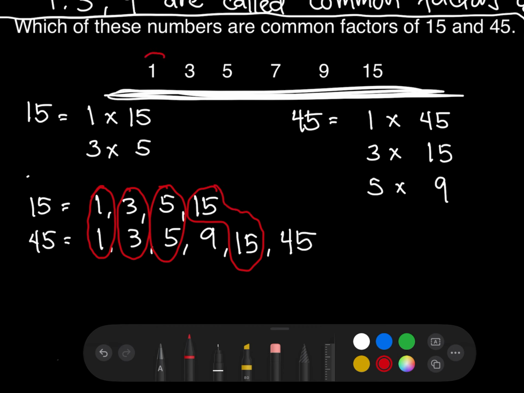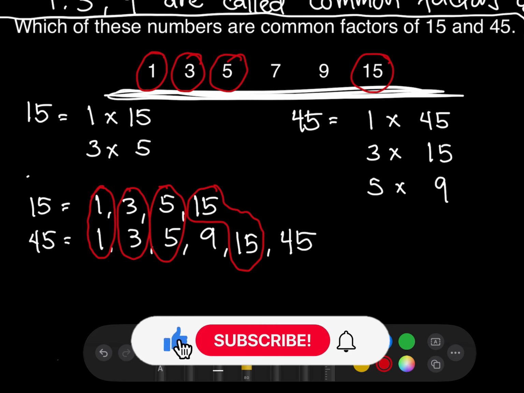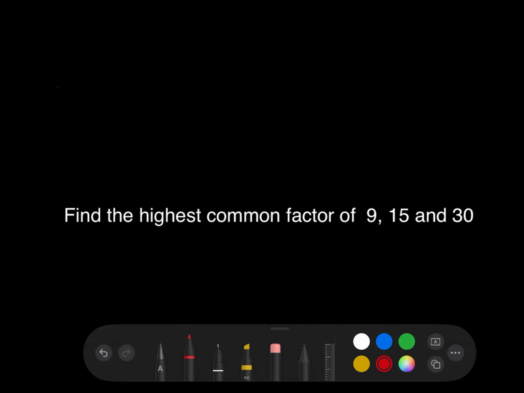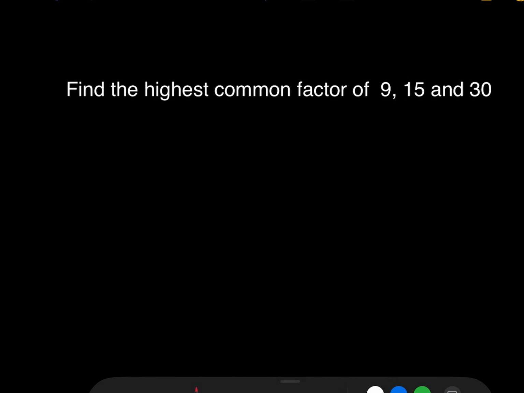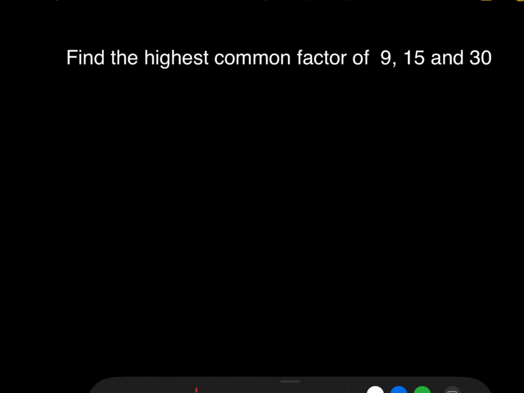Among the choices, we have 1, 3, 5, and also 15. So 1, 3, 5, and 15 are the common factors of 15 and 45. All right? Now let's have another example.